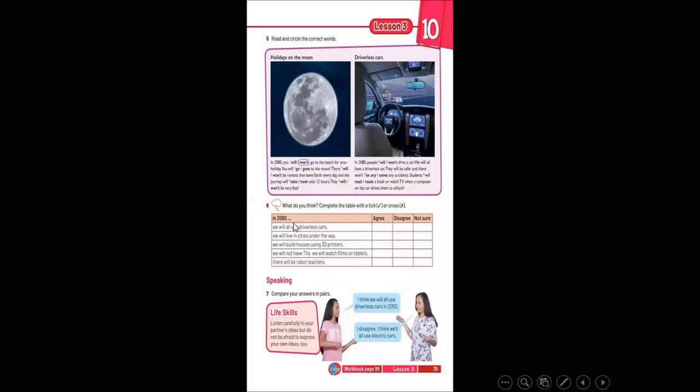And we come to exercise number 6. Here you will agree or disagree. If you agree, you can use I agree, or if you disagree, I don't agree, I don't think so. For example, in number 8, what do you think?